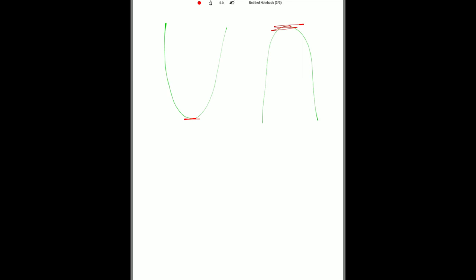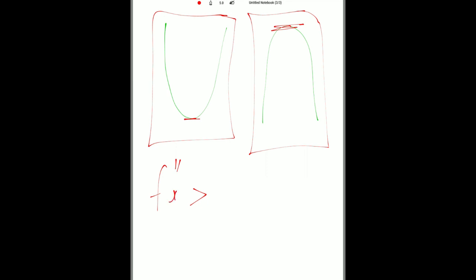However, the first derivative does not tell us whether it is a minimum or a maximum point. To determine that, we use the second derivative. So what we're going to do is take the first derivative and differentiate it.